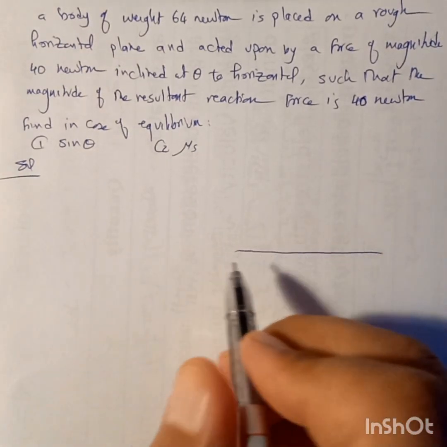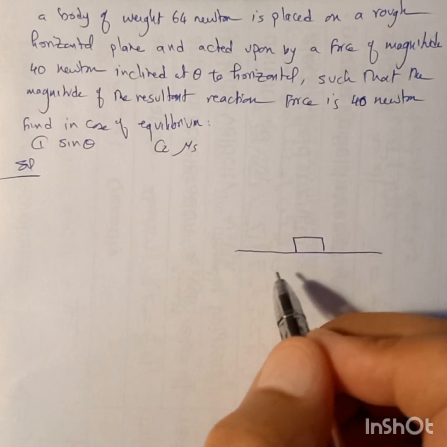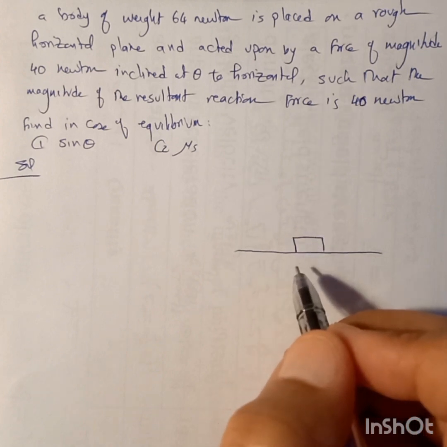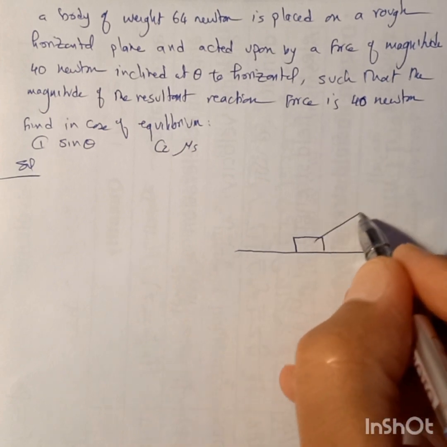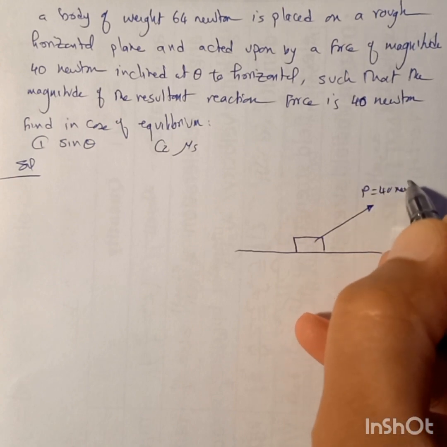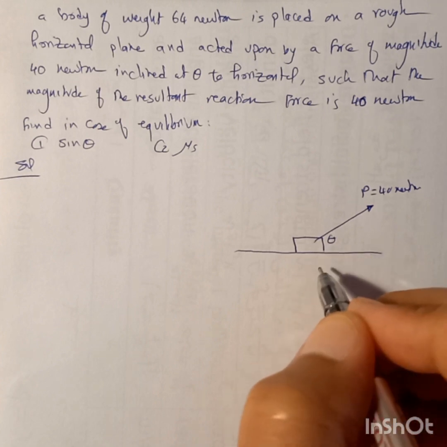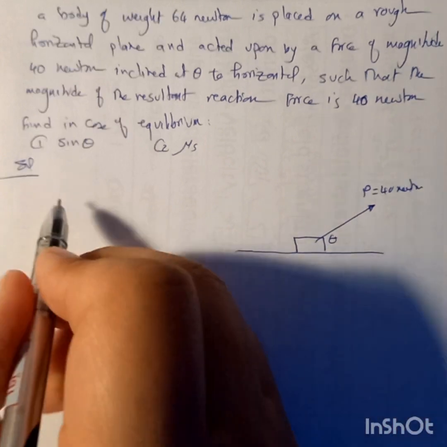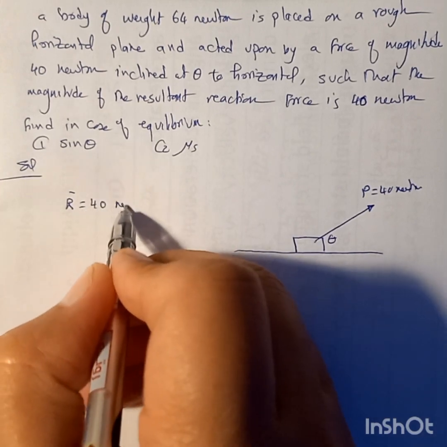We have this rough horizontal plane, and a body of weight 64 Newton placed on it and acted upon by an external force, for example P equals 40 Newton, inclined at theta to the horizontal, such that the resultant reaction force R dash equals 40 Newton.